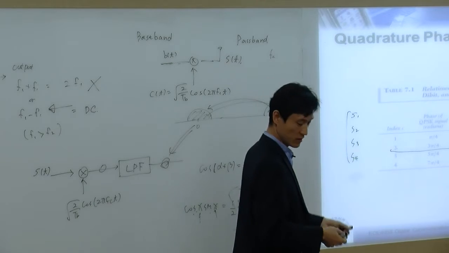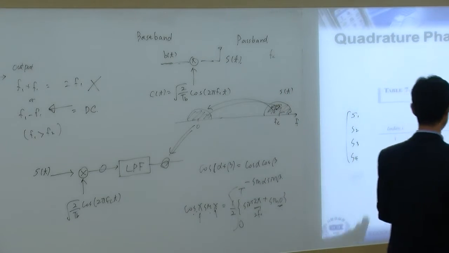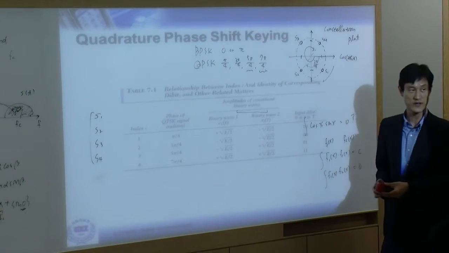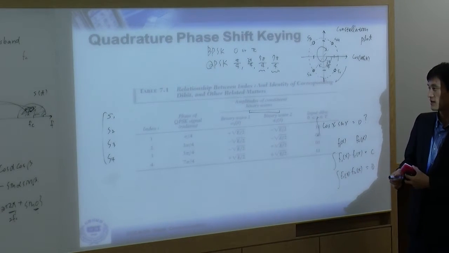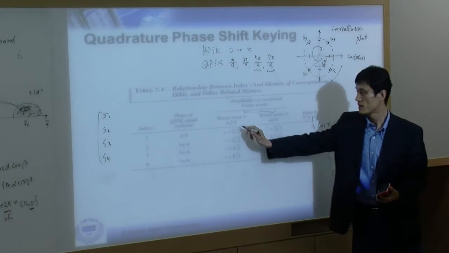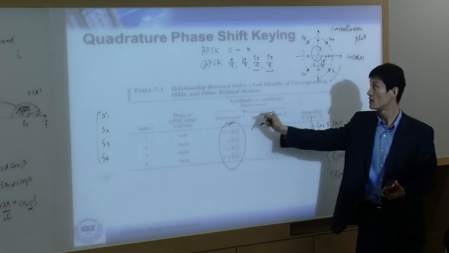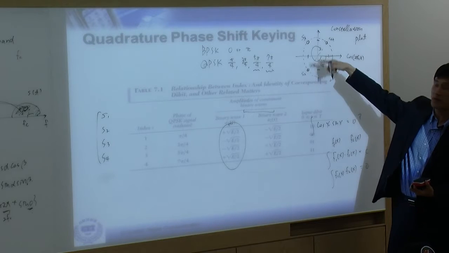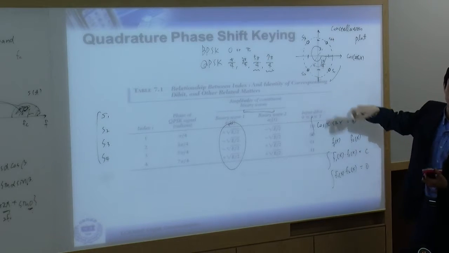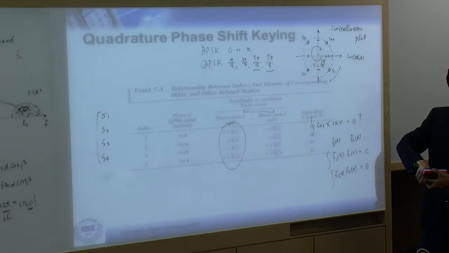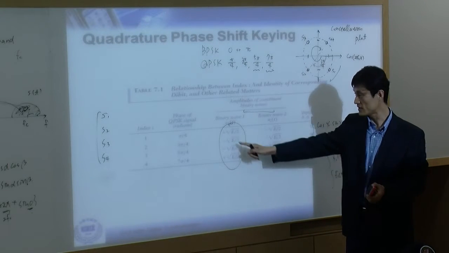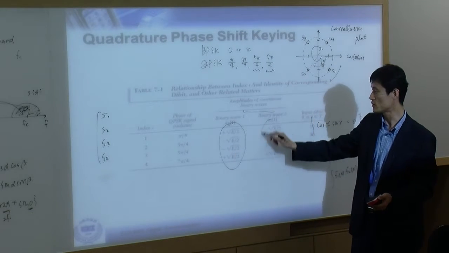So this table summarizes the values. What is this value? This is the value of the cosine carrier. Think about this whole thing as an x and y graph. If you read this one as an x and y graph, this is the x value, this is the y value.